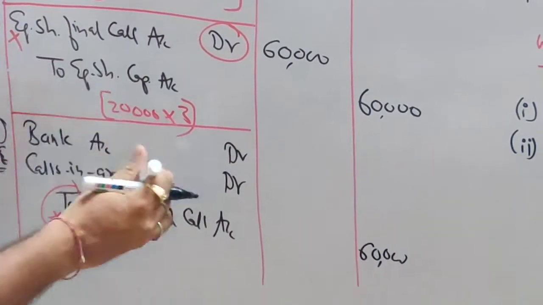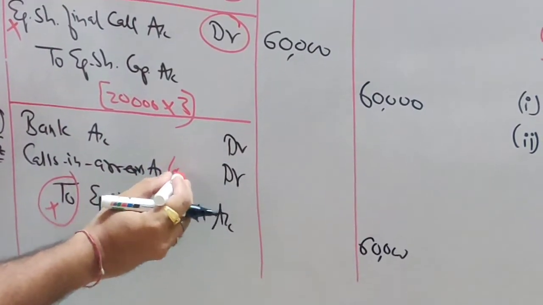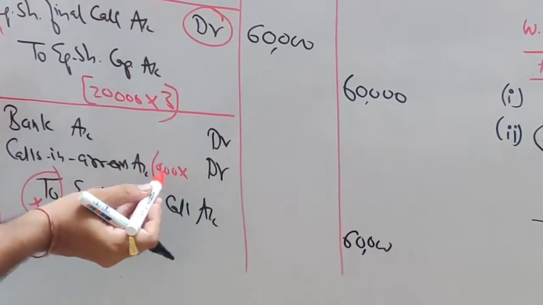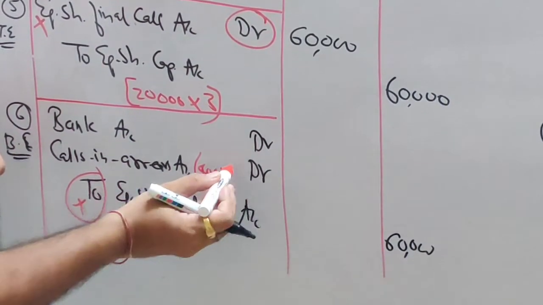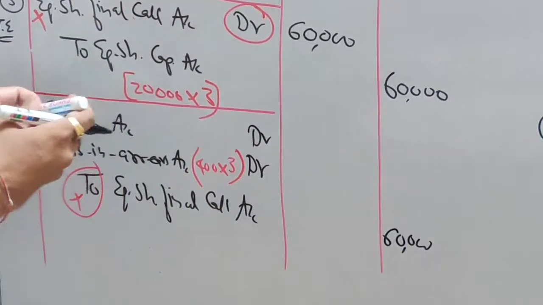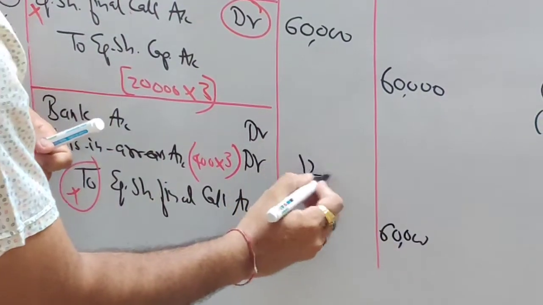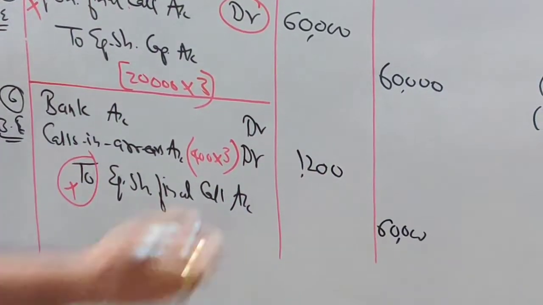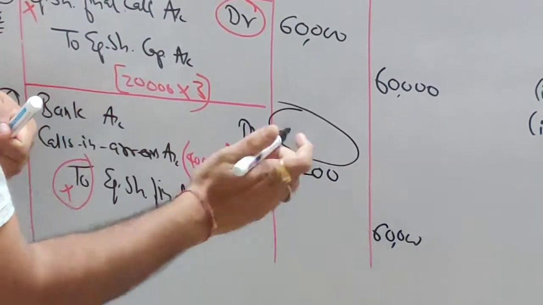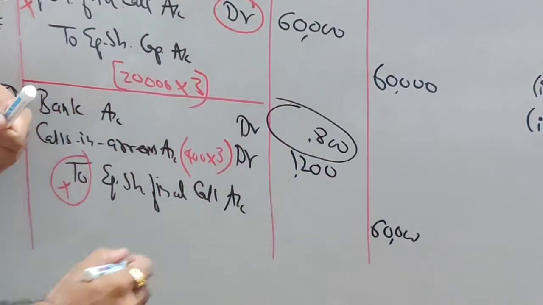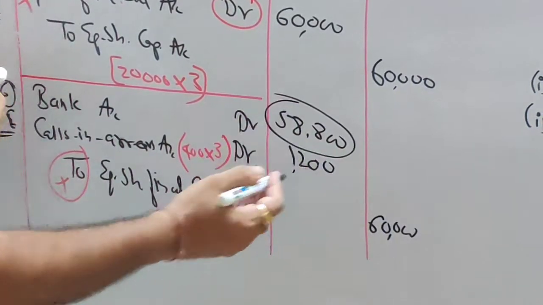Now, how much of arrears did the question say? 400 shares. We have not received the final call of 3 rupees on 400 shares. So 400 into 3 is how much, students? 1,200. And the rest of the shareholders have paid me the money. So how much from the rest? 58,800.